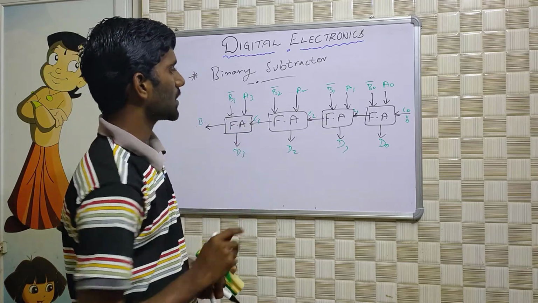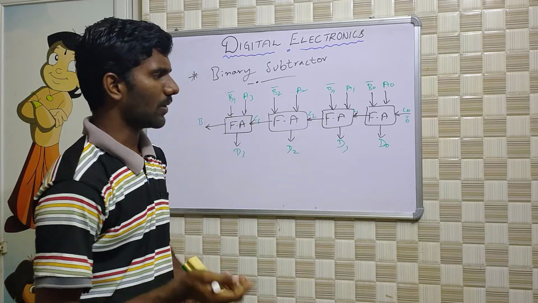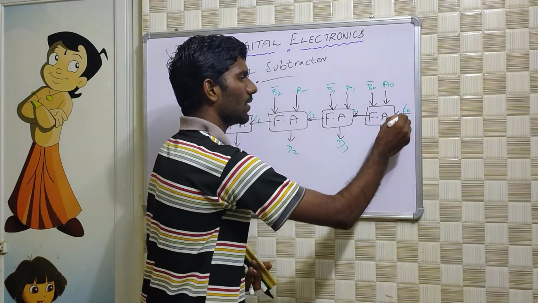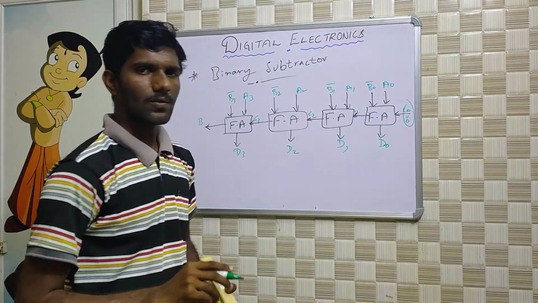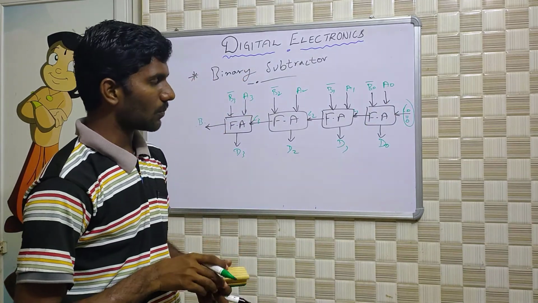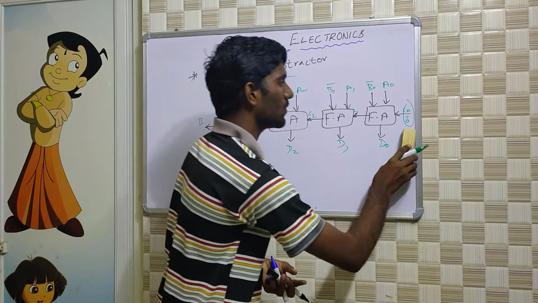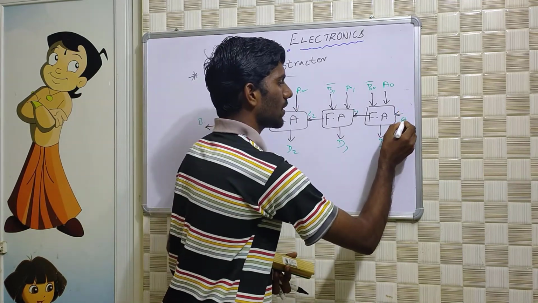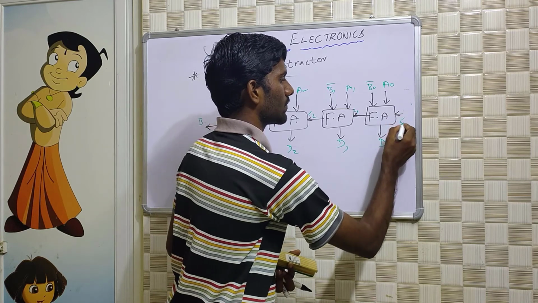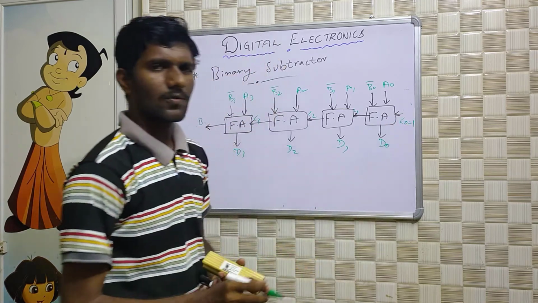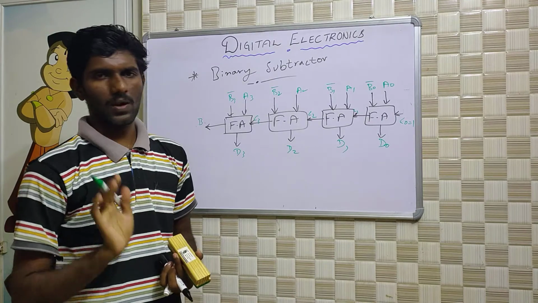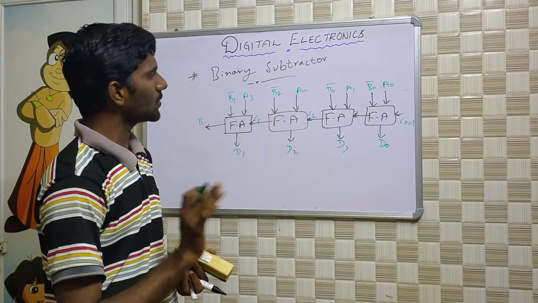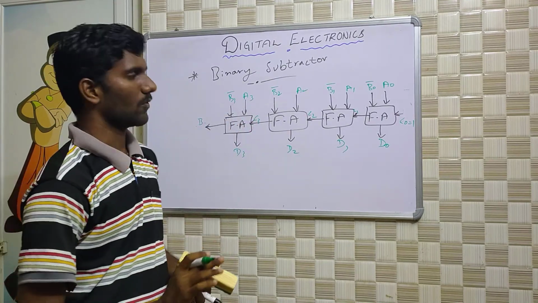If we perform subtraction by using 1's complement, then C0 here also will be 0. But if we perform the subtraction by using 2's complement, then C0 is always 1. Generally we perform subtraction by using 2's complement only, so C0 is always 1.